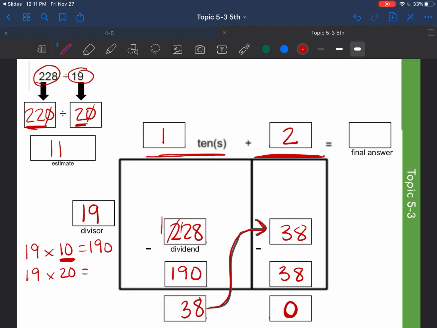Okay? If you don't get a 0 here, this would be the remainder for your problem. Okay? And so our answer is 1 ten and 2 ones, which is 12. So 12 is our answer. Would you say 12 is fairly close to 11? I would say so. Okay? So that makes sense. I feel like our answer is pretty close to our estimate.